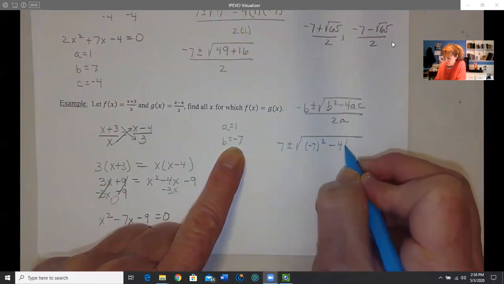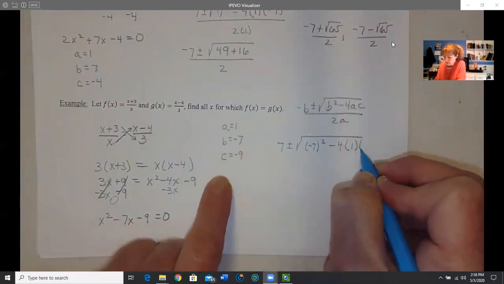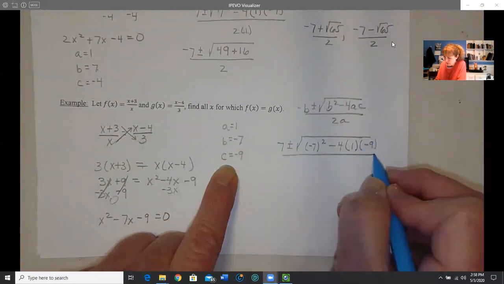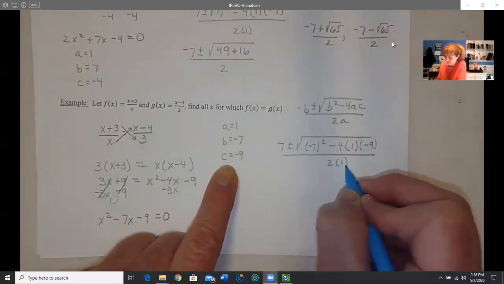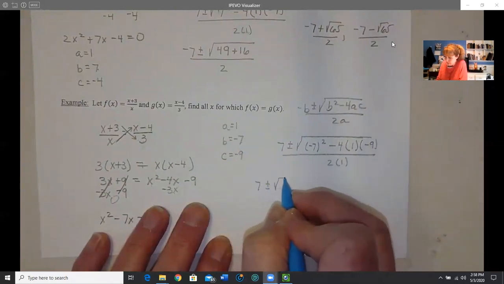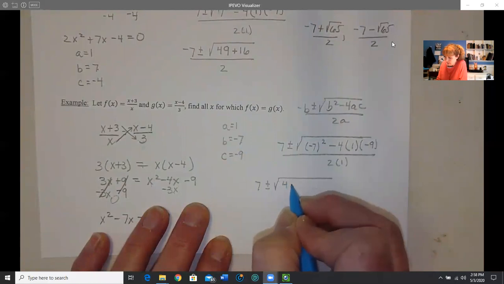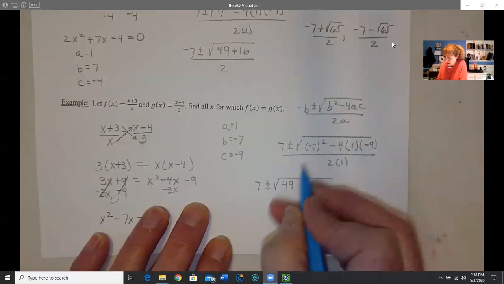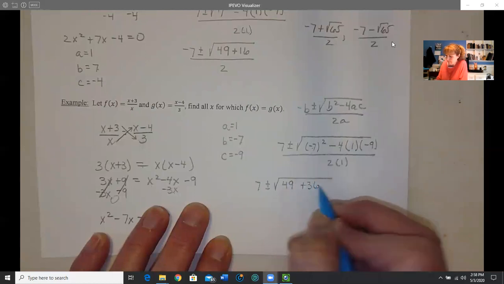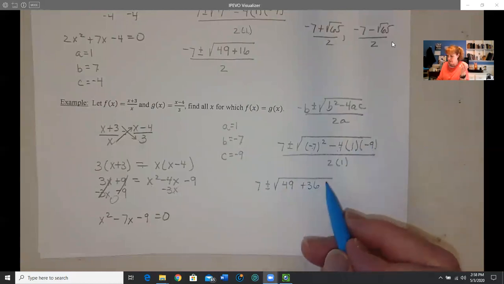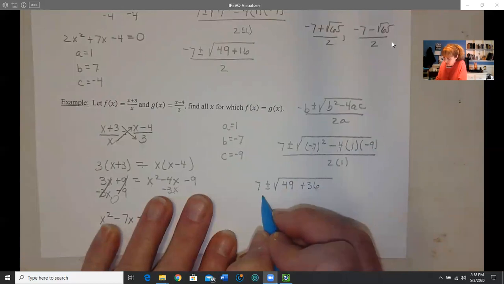Subtract 4 times A times C. All over 2 times A. So then we end up with 7 plus or minus the square root of 49. That's going to be plus 36. Negative 4 times 1 is a negative 4. A negative 4 times a negative 9 is a positive 36. All over 2.